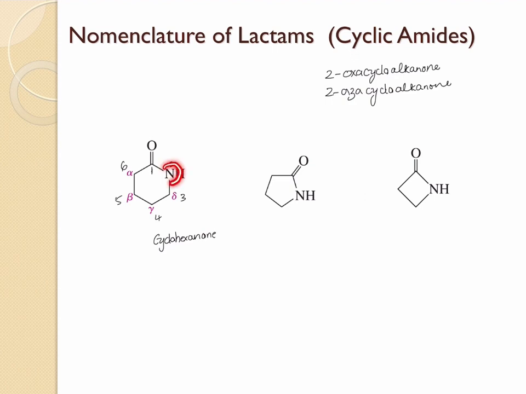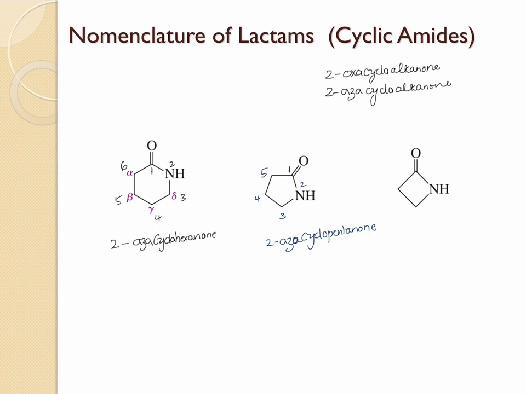Since there is a nitrogen in the second position, it's going to be 2-azacyclohexanone. And for the next compound, this would be 1, 2, 3, 4, 5, and this would be cyclopentanone. You have the nitrogen present in the second position, so this is going to be 2-azacyclopentanone.